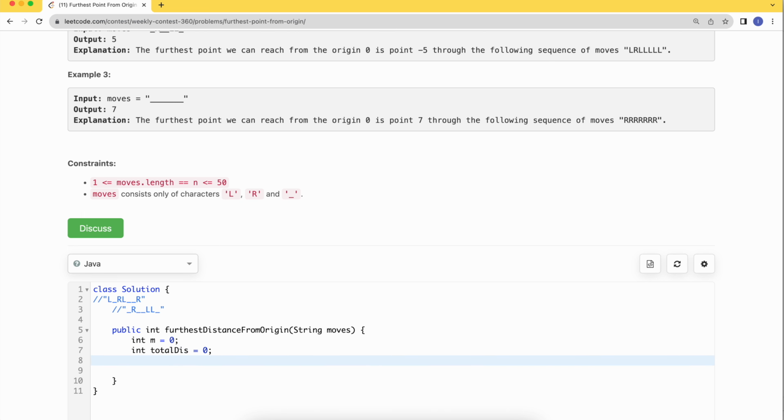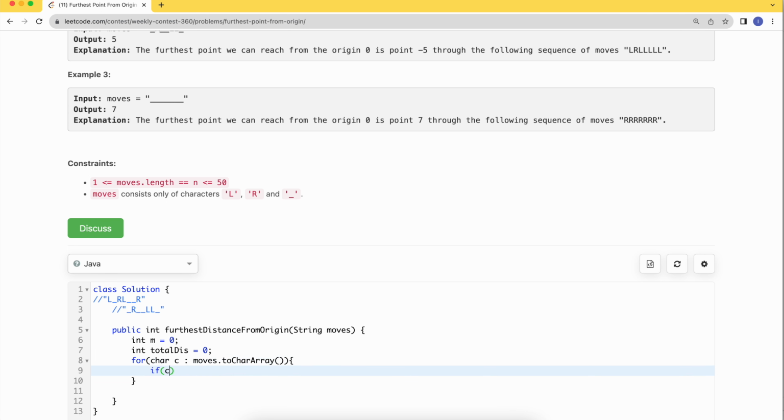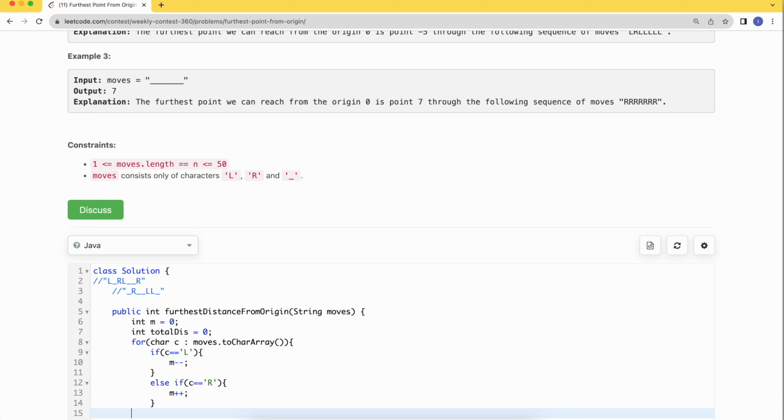I can say for character c in the moves dot toCharArray, here I can say if the character is an L character, let's decrement the moves. Else if the character is an R character, we can increment our moves. They will cancel out each other eventually.